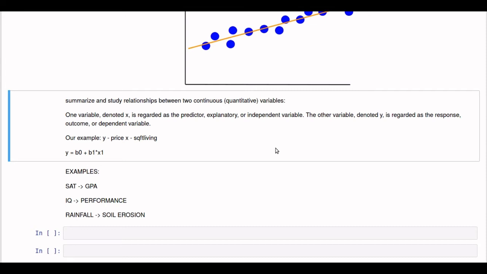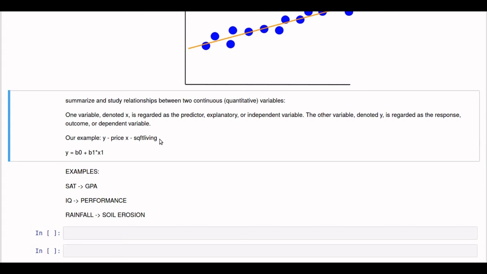And another name for it is also the predicted variable, which may help you get a better sense of what simple linear regression does. So let's look at the example that we will be working with. We will be working with a data set that contains prices from the houses that were sold. And also, it includes a lot of information, but one information that it includes is the square feet of living space.